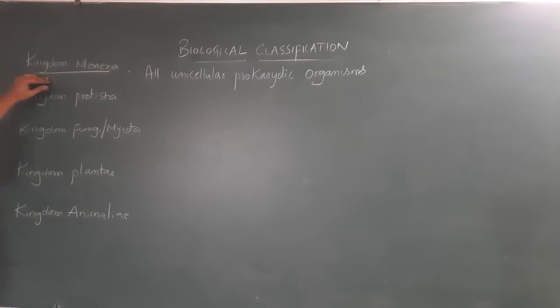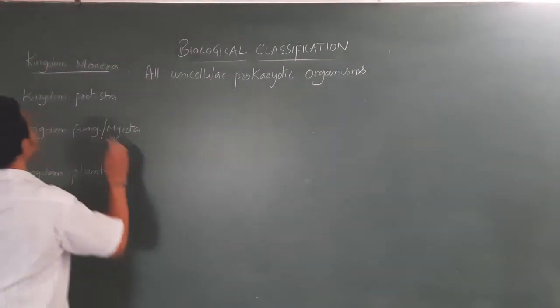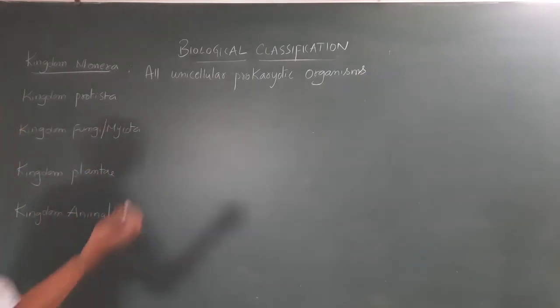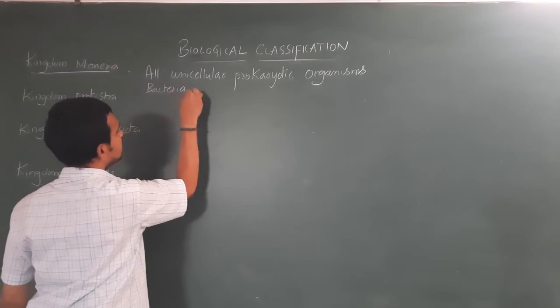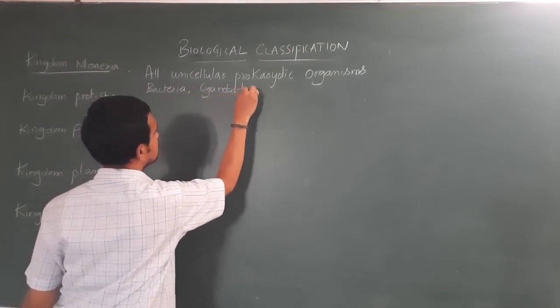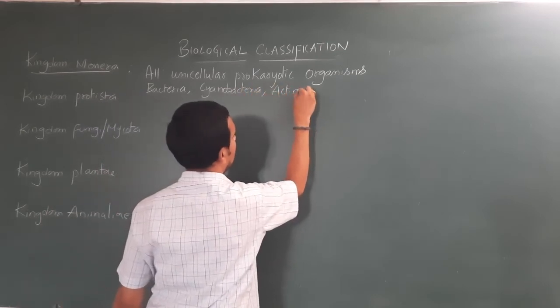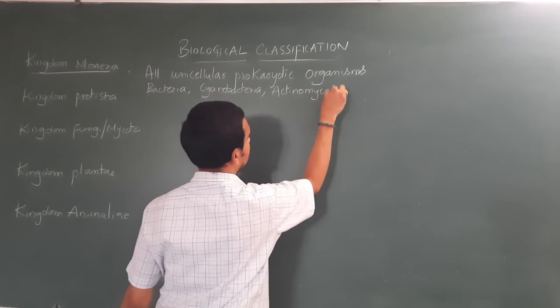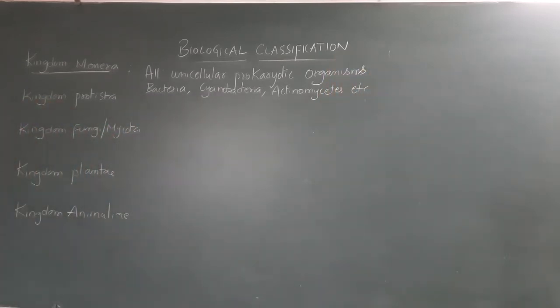And Kingdom Monera consists of all unicellular prokaryotic organisms. So what are the different types of prokaryotic organisms? Examples I am giving: bacteria, cyanobacteria, actinomycetes, etc. These all come under prokaryotic organisms.